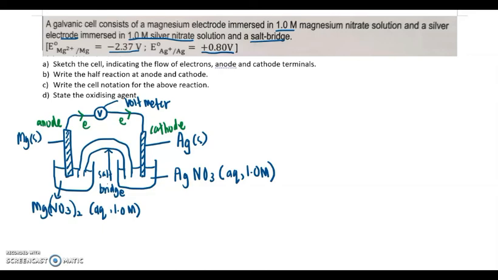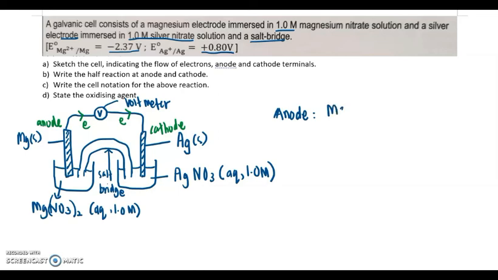Okay, next we go to question B. Write the half reaction at anode and cathode. So write there anode. At anode, magnesium akan jadi anode.